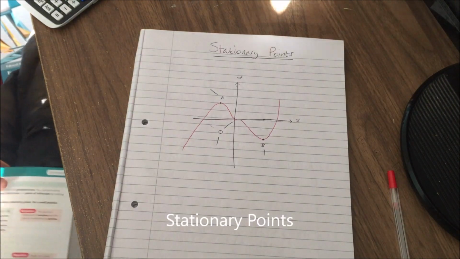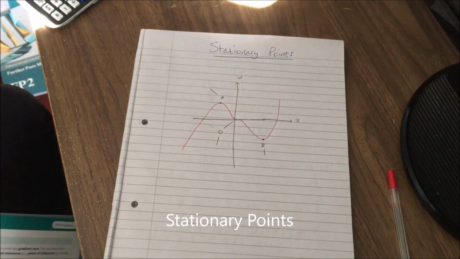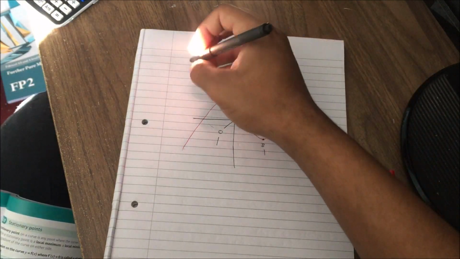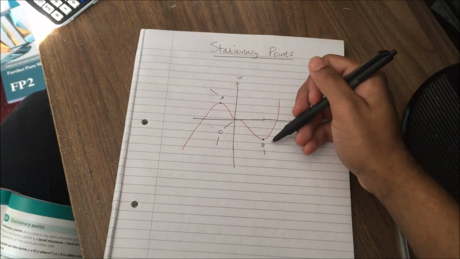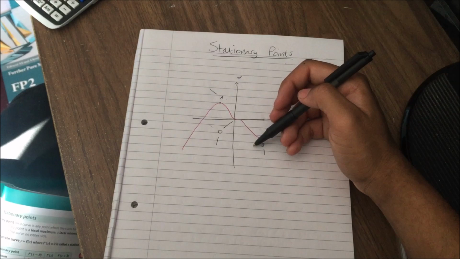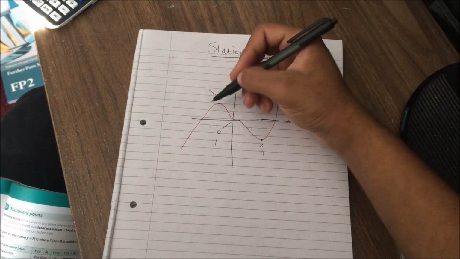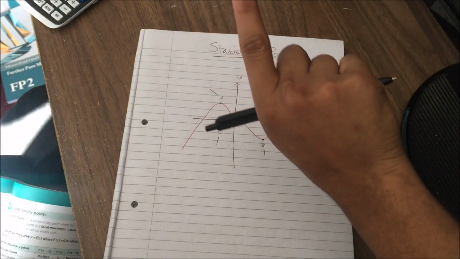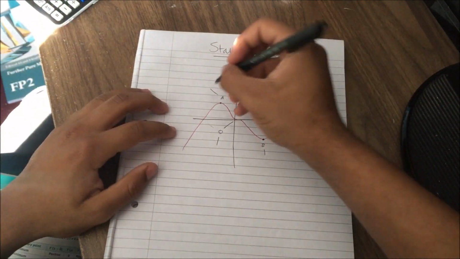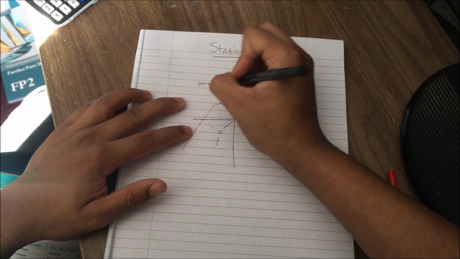Okay, so stationary points. What do these actually mean? A stationary point is one of a local maximum, a local minimum, and a point of inflection. At this point A, where the gradient goes from positive to negative, it is called a maximum point.